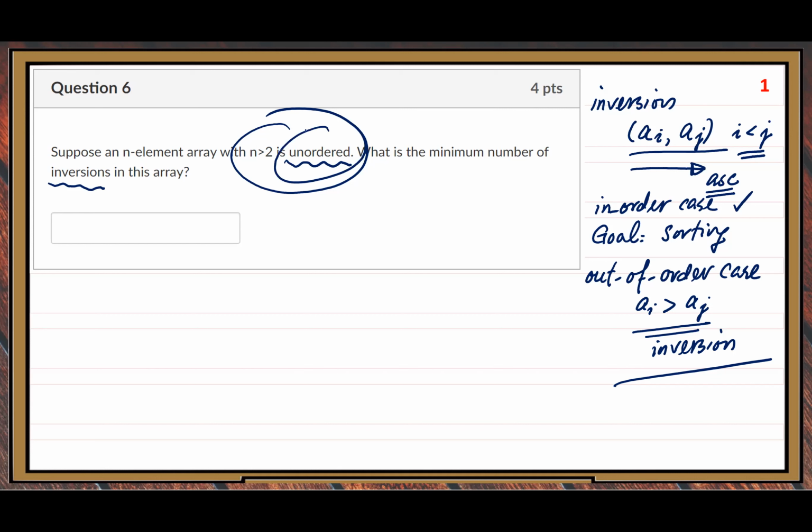First, this unordered condition is useful. It tells us the minimum number cannot be 0.